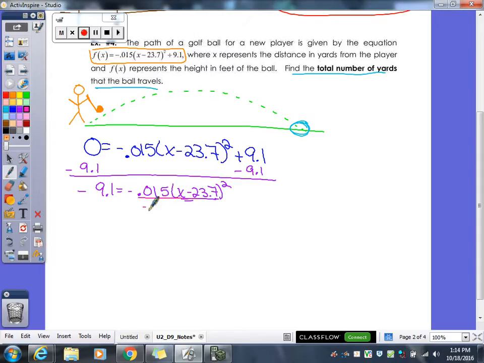So now we want to divide by our negative 0.015. So when I divide, I get 1,820 over 3, because it's a repeating decimal, so we should leave it as the fraction for now.